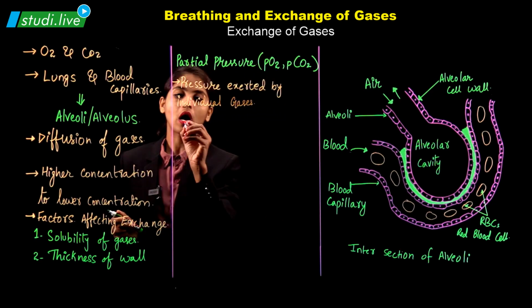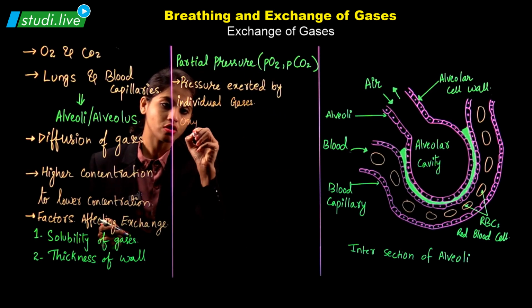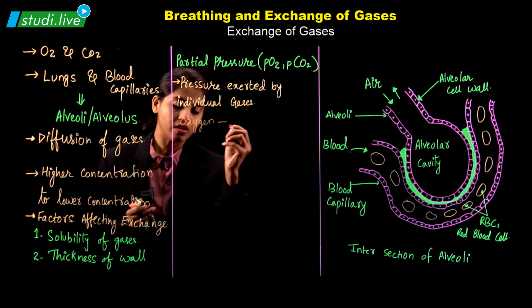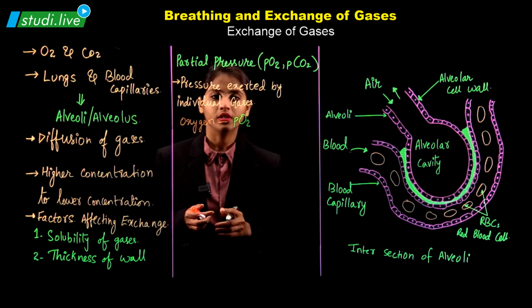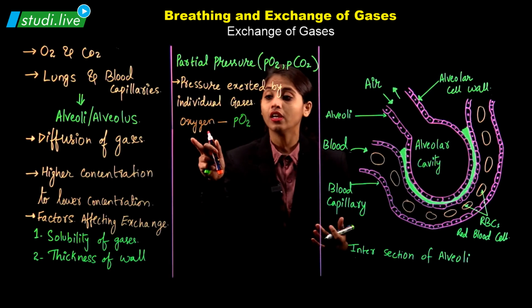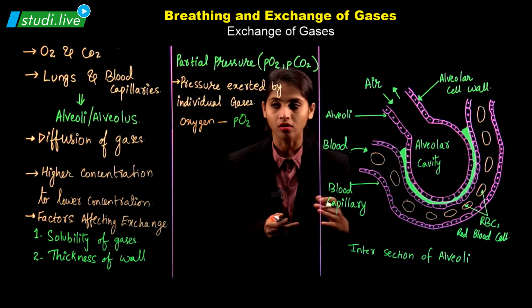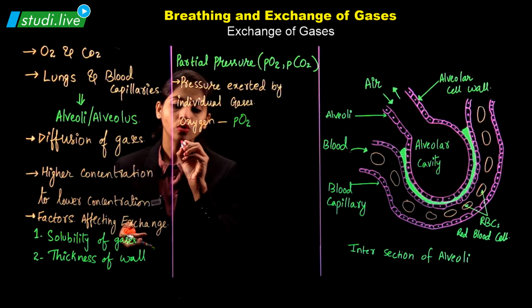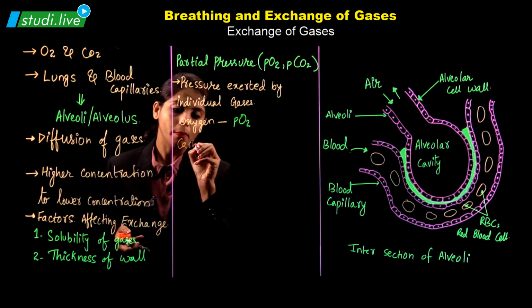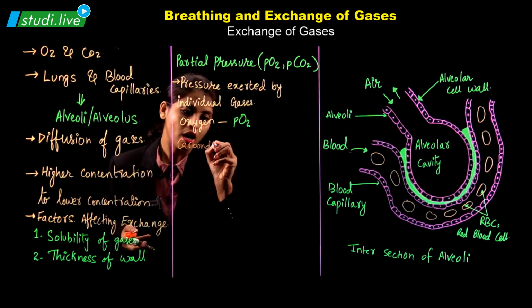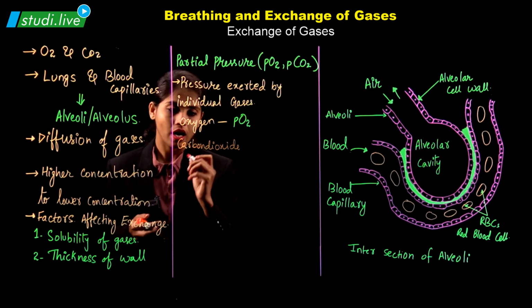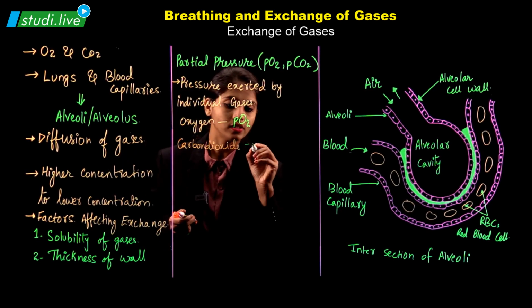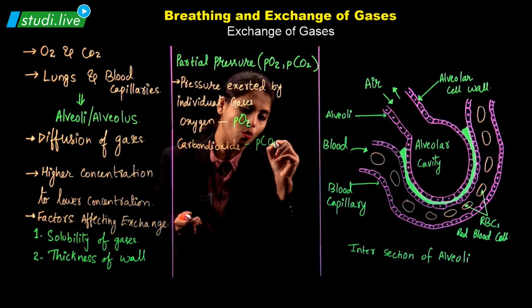When I am talking about the oxygen partial pressure, it will be written as PO2. That means the pressure of the oxygen gas. Then when I am talking about carbon dioxide, it is written as PCO2.